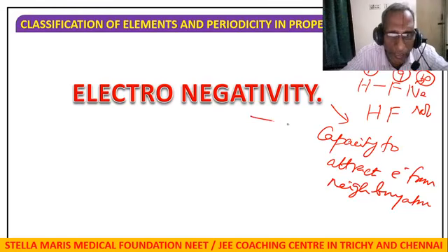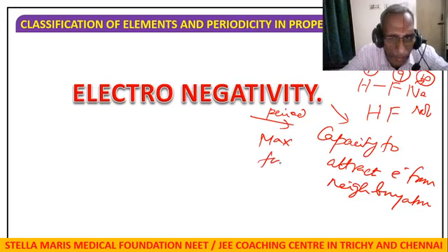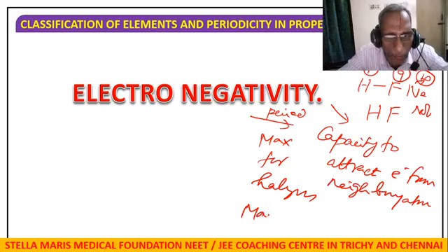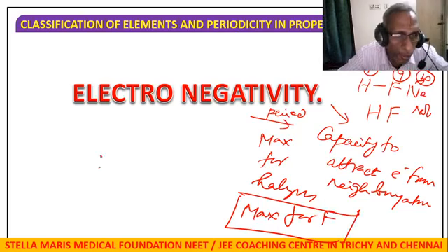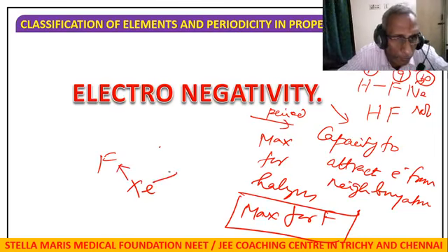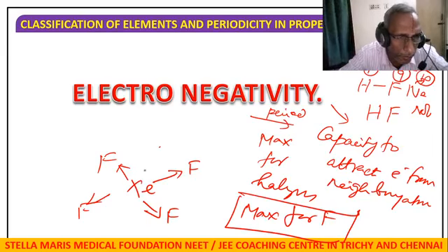So electronegativity increases along period. And it is maximum for halogens. Amongst halogens, maximum for fluorine. Just now we have seen, fluorine will attract inert gas electron. 4 fluorine atoms or 2 fluorine atoms or 6 fluorine atoms, they will put together like a thief, will attract xenon's electron, forming xenon difluoride, tetrafluoride.